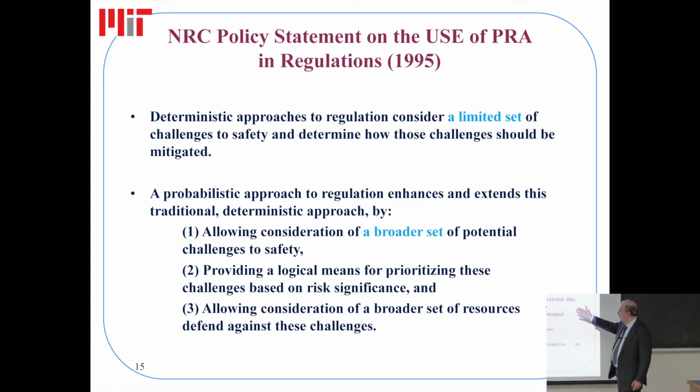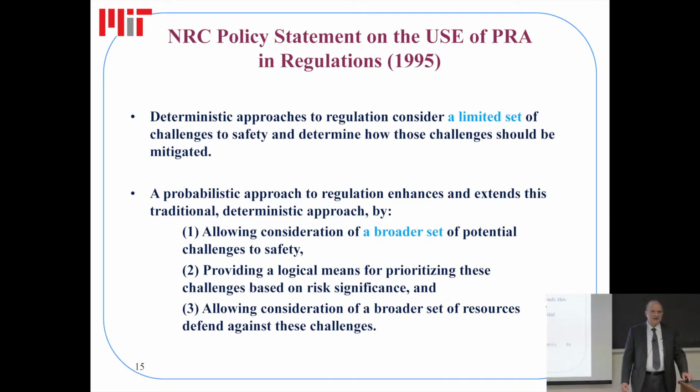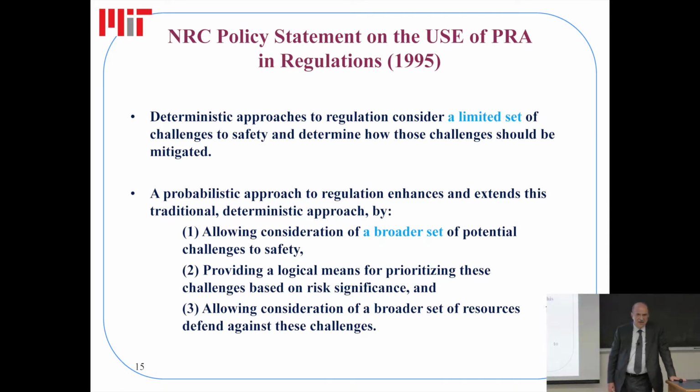A probabilistic approach considers a much broader set, the thousands of sequences I mentioned, and provides a logical means for prioritizing these challenges. The name of the game, guys, is prioritization.